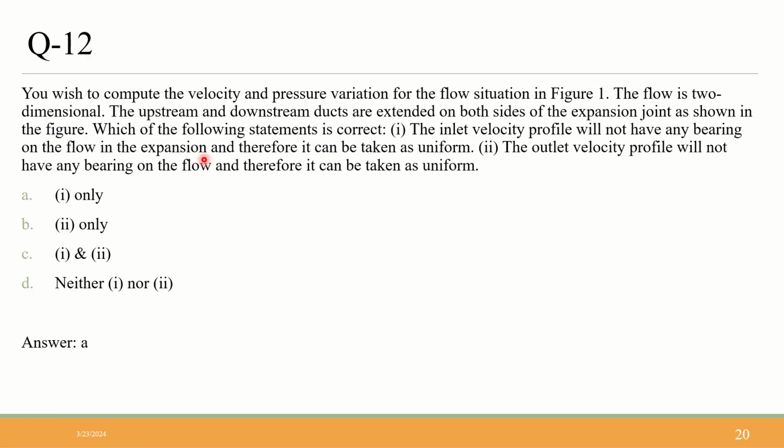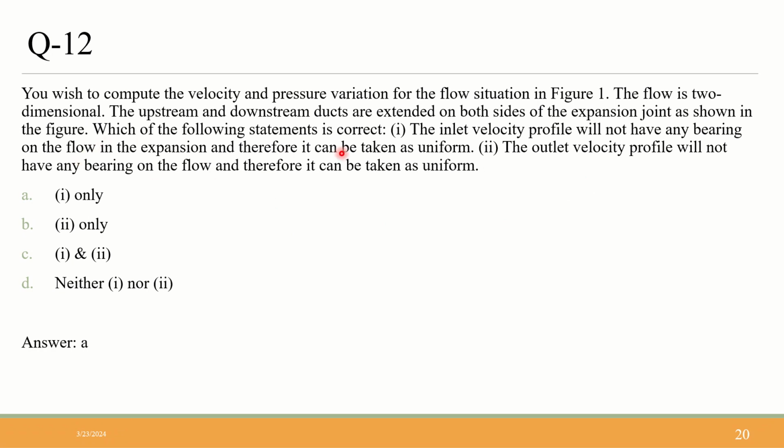The flow is two-dimensional, so it is a two-dimensional problem. Upstream and downstream ducts are extended on both sides of the expansion joint as shown in the figure.